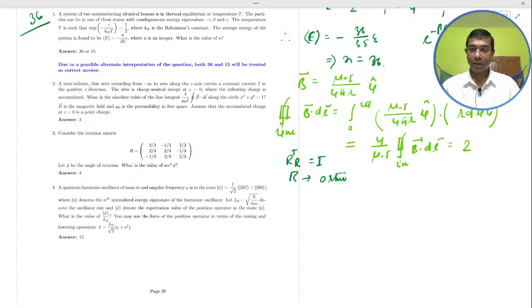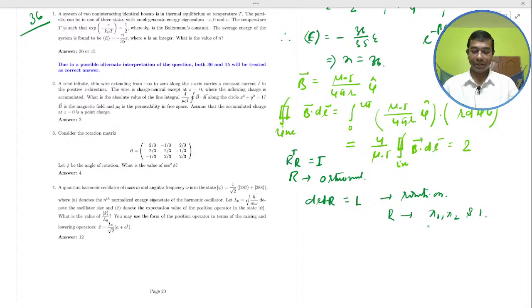Orthogonal. So now the determinant of R will also become 1. That means it involves a rotation. Next, the eigenvalues of R would become lambda 1, lambda 2 and 1.